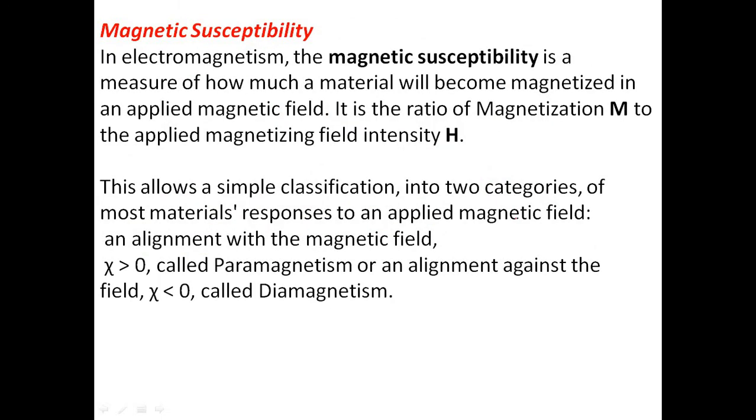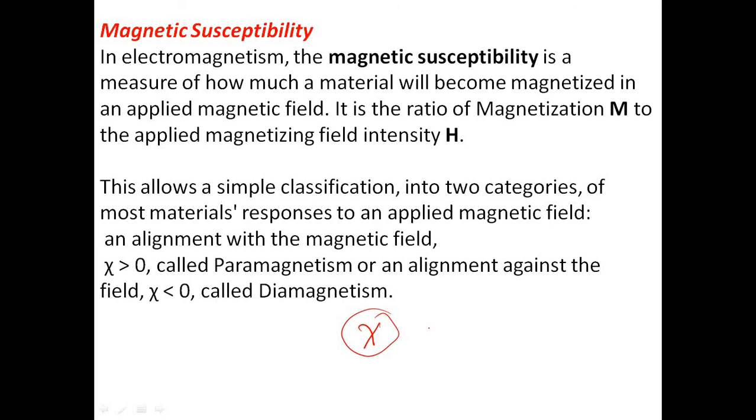Then next is magnetic susceptibility. In electromagnetism, what does susceptibility mean? Susceptibility is the receptiveness of a material, and it is denoted by chi. This is the symbol for susceptibility. It is a measure of how much a material will become magnetized in an applied magnetic field.